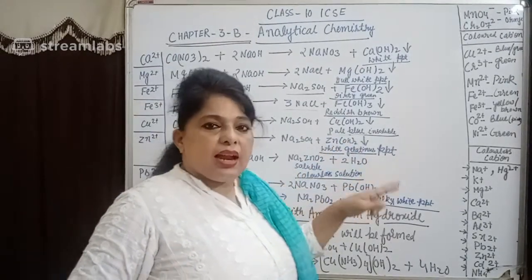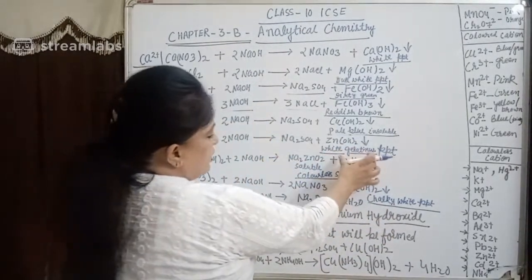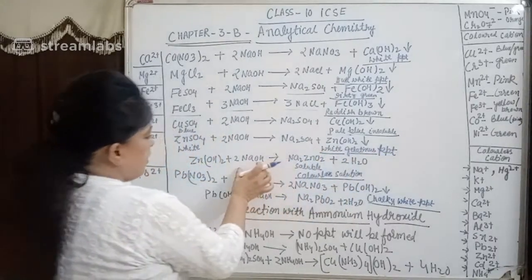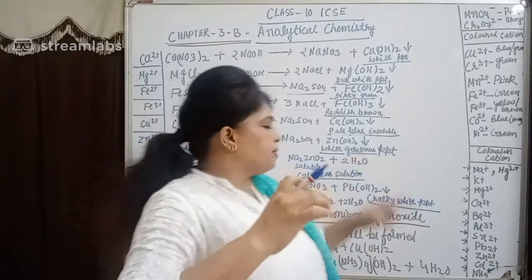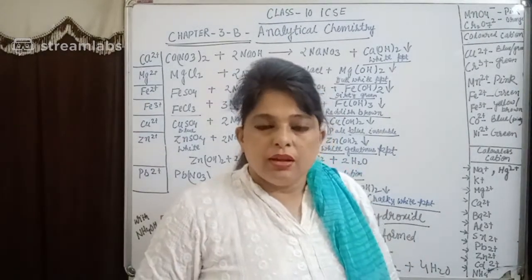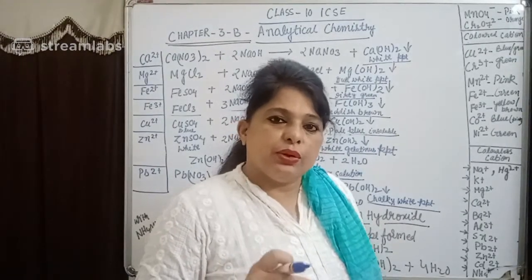But when we add excess sodium hydroxide to this zinc hydroxide precipitate, this white precipitate will become soluble due to the formation of sodium zincate, that is Na2ZnO2.